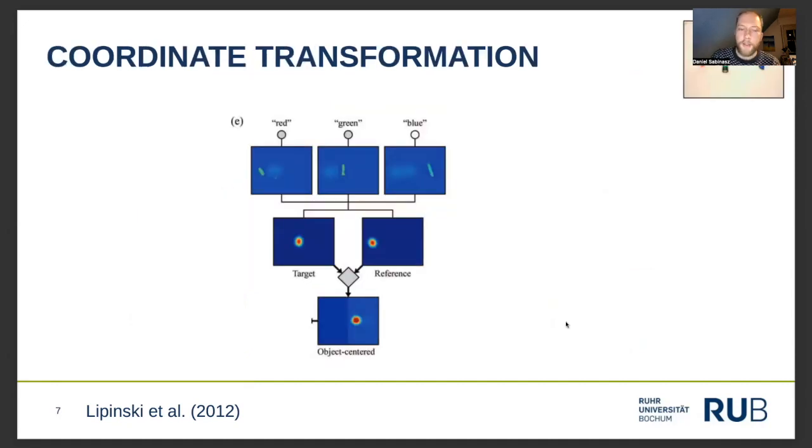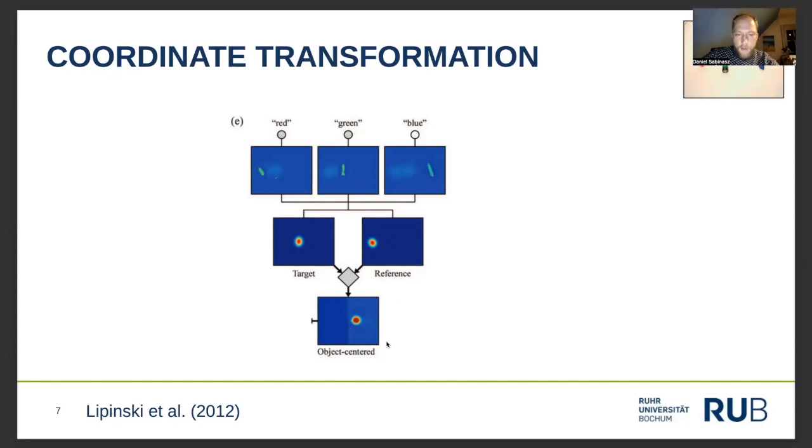So as I said, the next step is to transform the location of the target into a coordinate system that's centered on the reference object. And this is just the neural coordinate transform that you have learned about in the lecture on higher dimensional fields, I think. And the output of this coordinate transform feeds into an object-centered field.